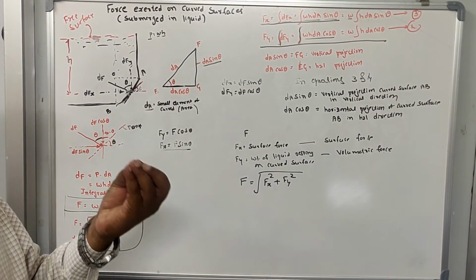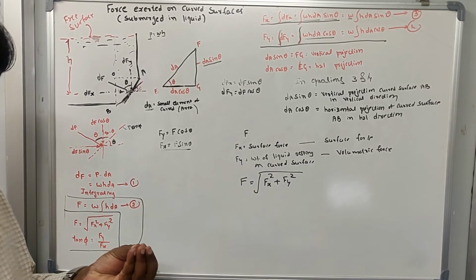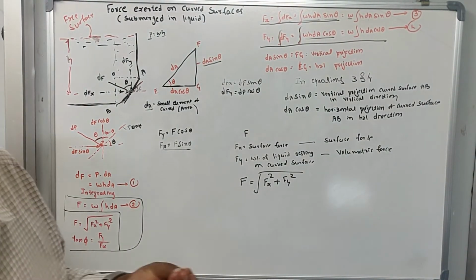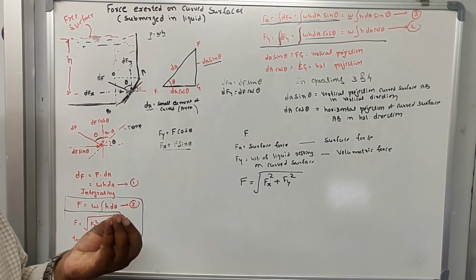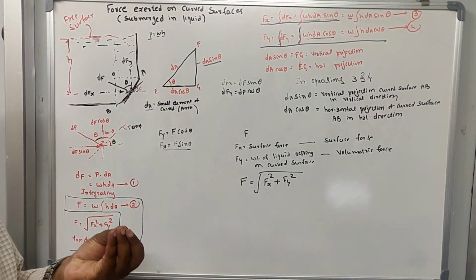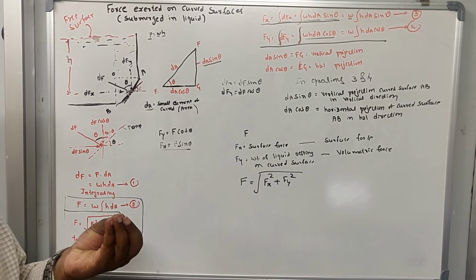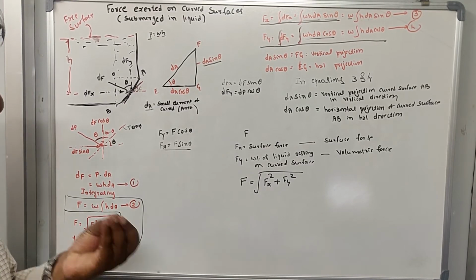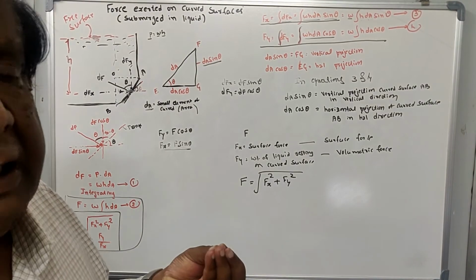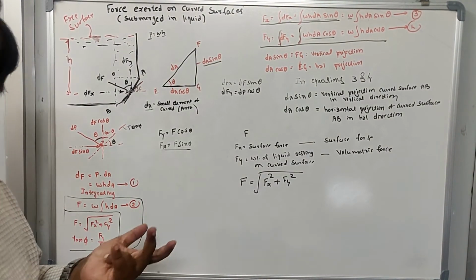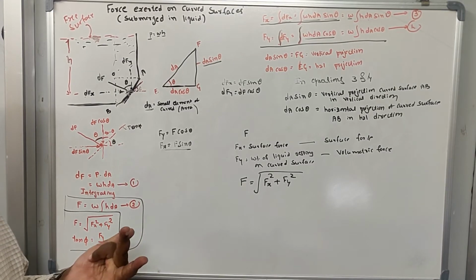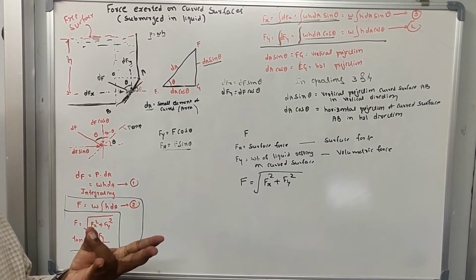This basic knowledge is required to analyze and design the hydraulic structures. Examples of hydraulic structures: the gravity dam, earthen dam, then the canal gates, regulating structures, cross regulator, head regulator.